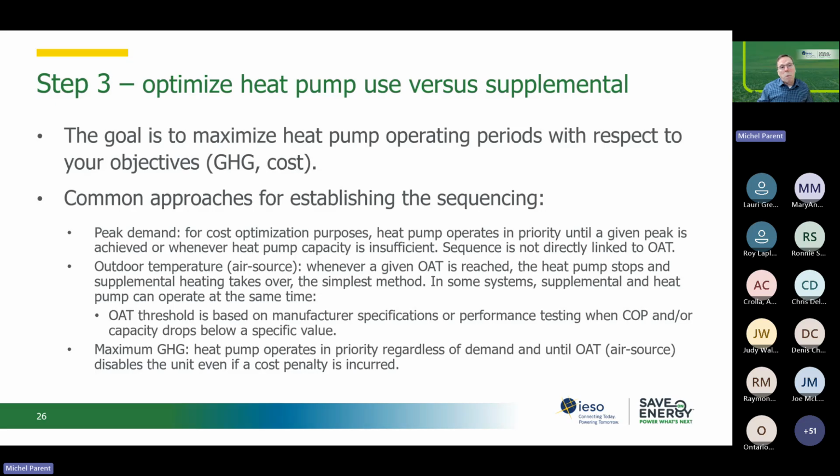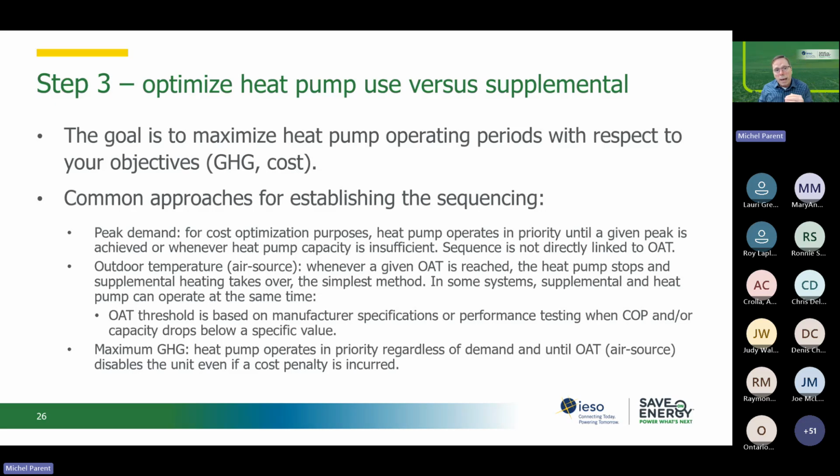So typically what you want to do is to program the BAS so that the demand is known at all times, and you will run your heat pump until a time where the outside air temperature goes below the manufacturer's recommended minimum value, where it will actually cut out, and you will go fully to your supplemental heating. But very often, this is not what's going to happen.